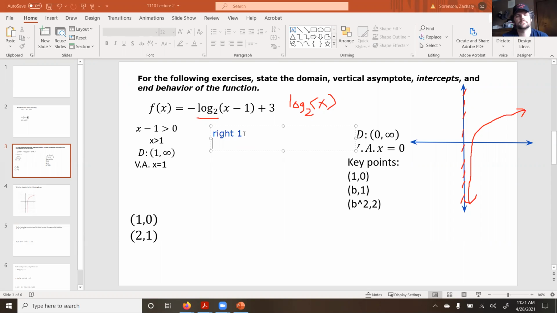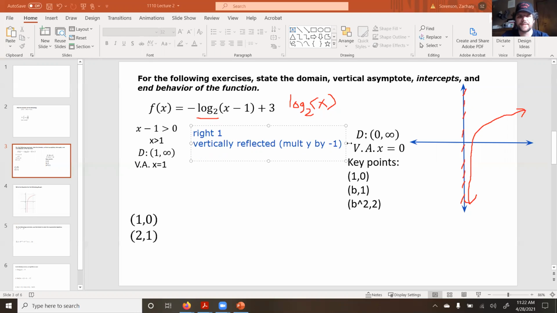You move right 1, and we do also move up 3, but we're missing one transformation. It's reflected. Vertically reflected, or if you want to get fancy, reflected over the x-axis, or really what we're going to do is multiply our y value by -1.